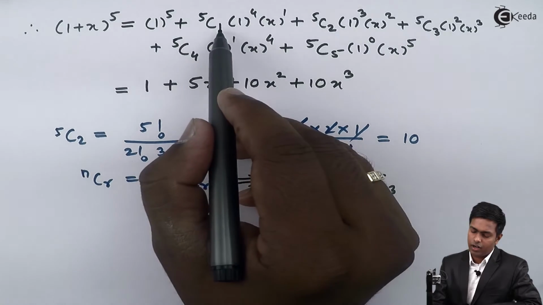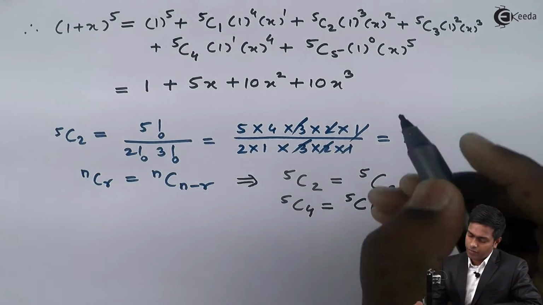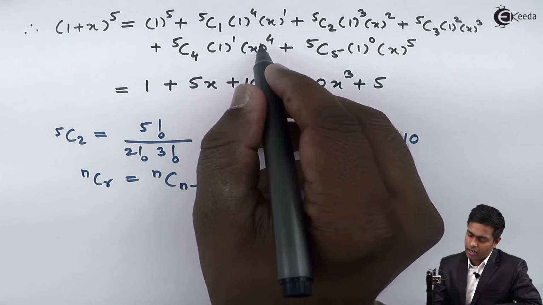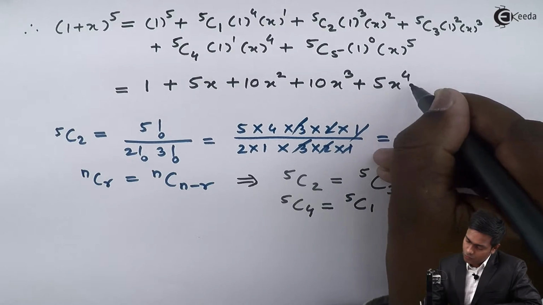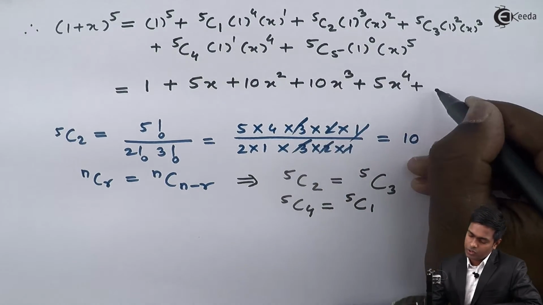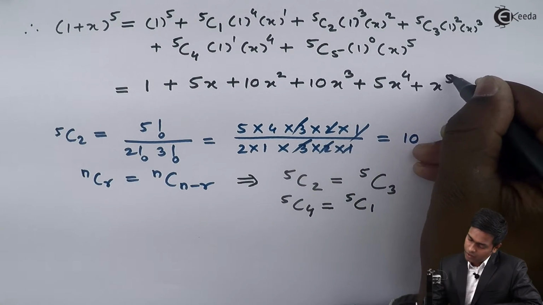So the value of 5c1 is 5, hence the value of 5c4 is also 5. So we will get 5 here, 1 raised to 1 is 1, and this will become x raised to 4. Next 5c5, which is 1, 1 raised to 0 is 1, and x raised to 5.